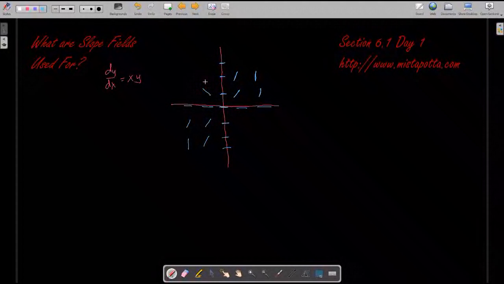So just looking at this and knowing the nature of negative numbers, I can see that a solution to this graph is probably going to be even, because I see that reflection across the y-axis. And of course, the fourth quadrant slopes are going to be almost the same as my second quadrant slopes.